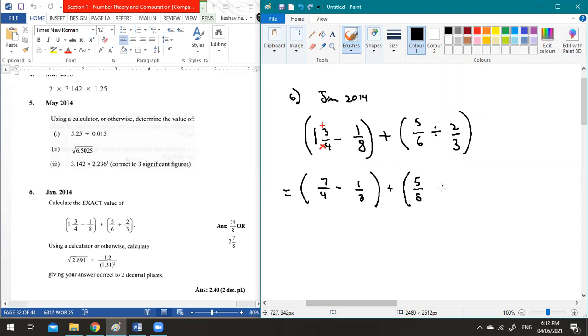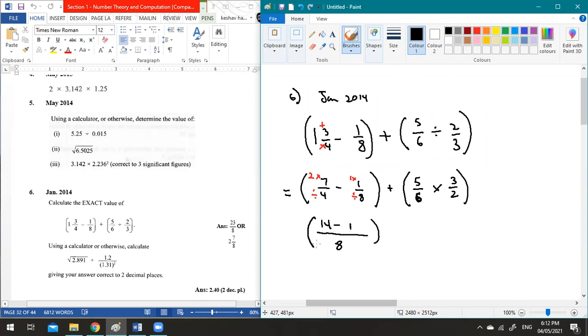So 5/6, we change the sign to multiply and flip the fraction. Right, so as you work in, we could bring it on. The LCM of 4 and 8 is 8. So you divide them by the 4, multiply by the 7. So 8 divided by 4 is 2. 2 by 7 is 14. 8 divided by 8 is 1. 1 by 1 is 1.